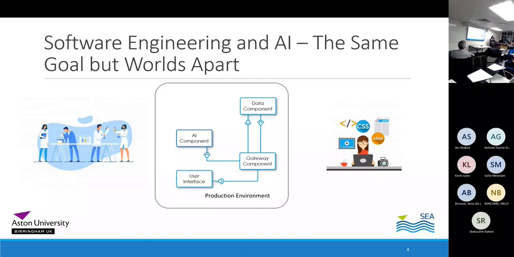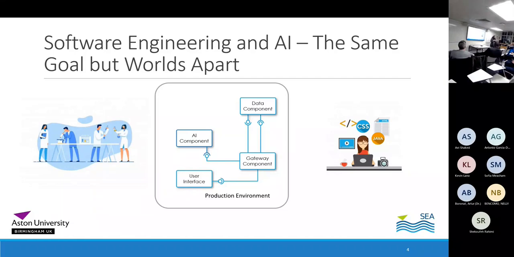Being a requirements engineering person, I talk in terms of models. Dr. Joost talks in terms of architectures, but data scientists talk in terms of accuracy and performance.